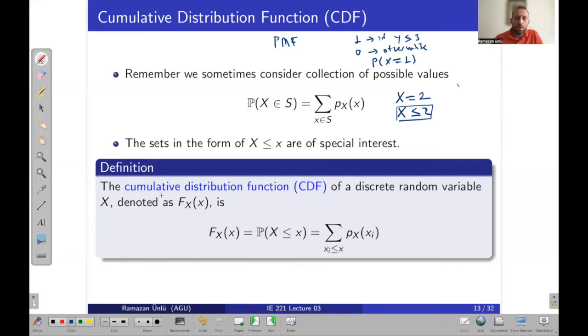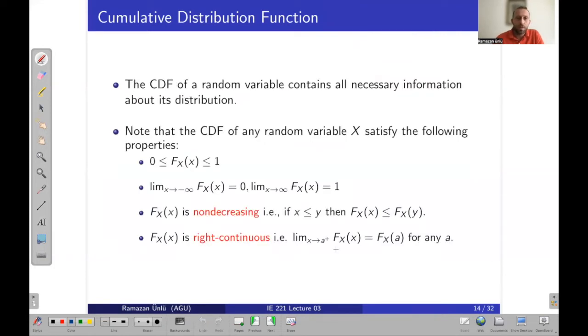We call it the cumulative distribution function, and it is denoted as F of x, right? So F of x is equal to the probability of X less than or equal to x, and this is equal to the sum of the individual probabilities of the random variable based on this condition, so x_i less than or equal to the desired x.